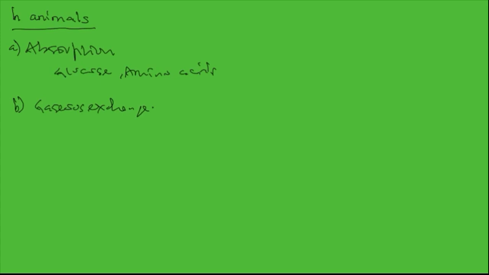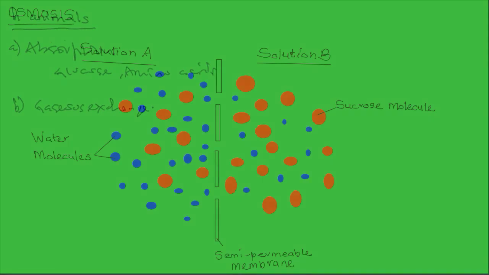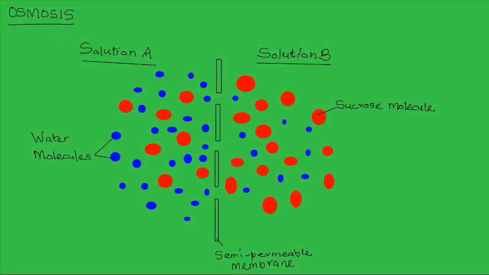In this lesson, we look at osmosis. Osmosis is a process by which solvent molecules move from a region of their higher concentration to a region of a lower concentration across a semi-permeable membrane. Usually, osmosis is associated with the movement of water molecules, from a region of their higher concentration.